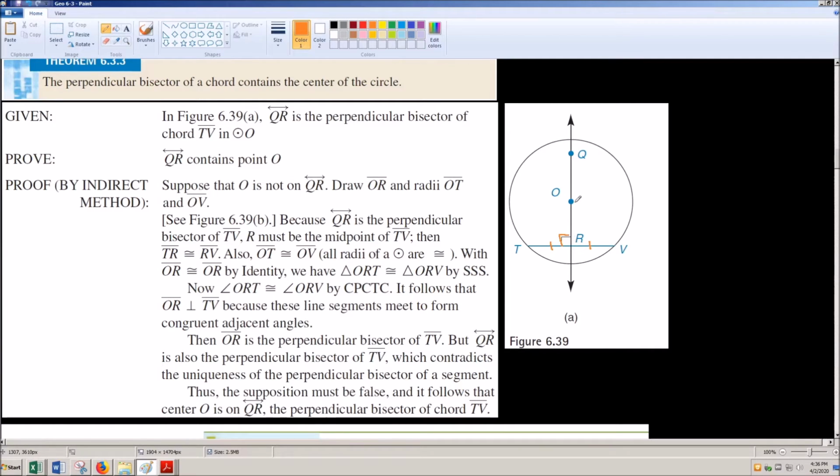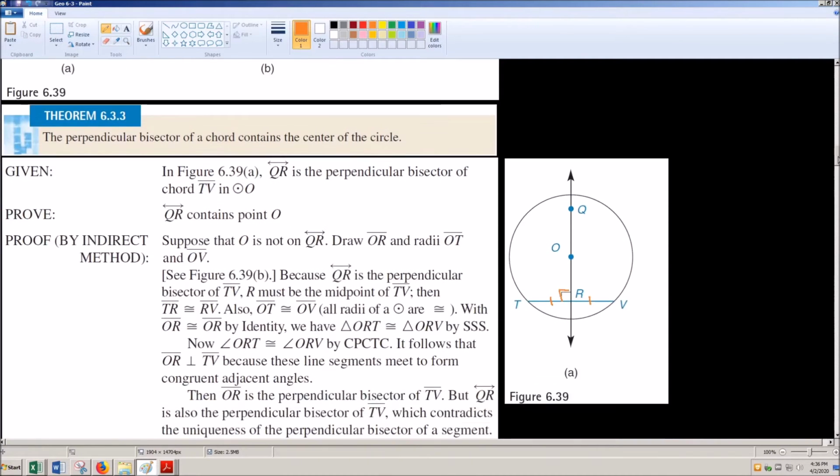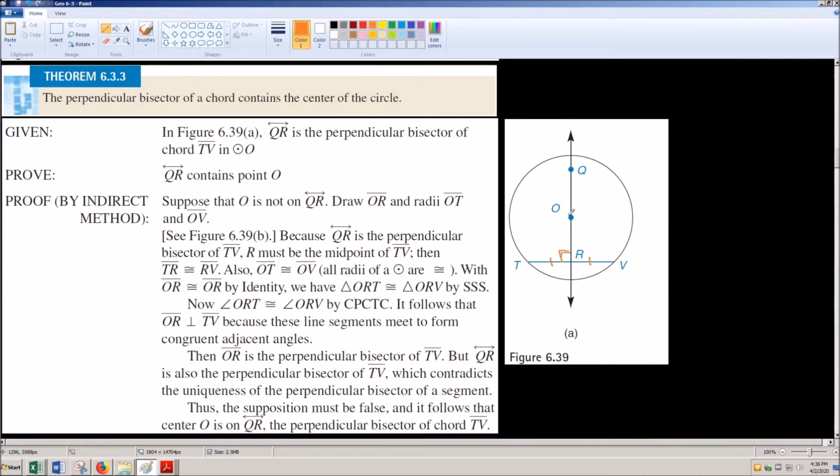To prove that it contains the center of the circle, we can do an indirect method. This is what we're referencing up here as our indirect method: we can say, well, what if it was not the center of the circle? Let's just say the center of the circle is somewhere else. I know, it's heresy, but imagine we have some other point which is not the center of the circle, but we're going to call it the center of the circle.